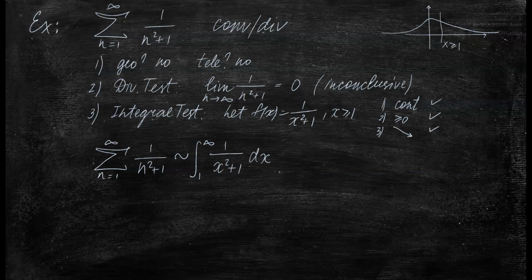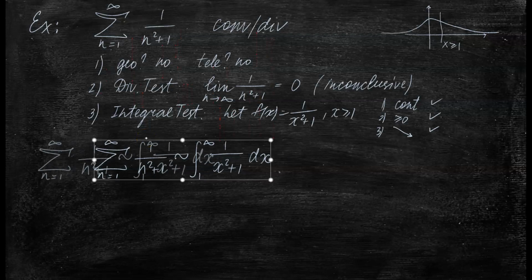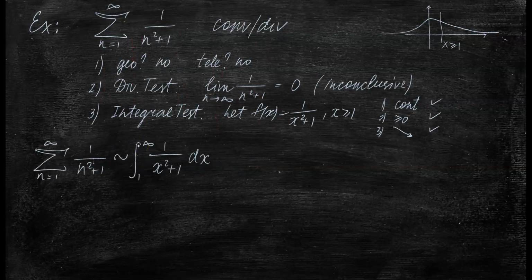But this integral is actually, even though it is improper, pretty straightforward. So we're going to introduce a new variable for the limit, and at the same time I'm going to find the antiderivative. So it's arctan of x evaluated between 1 and t.